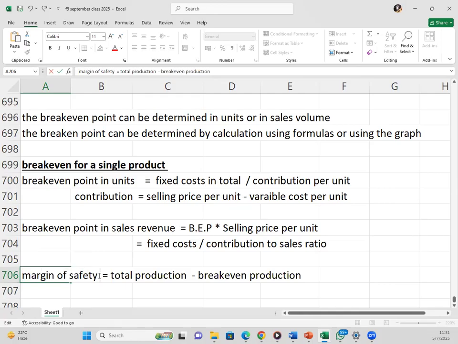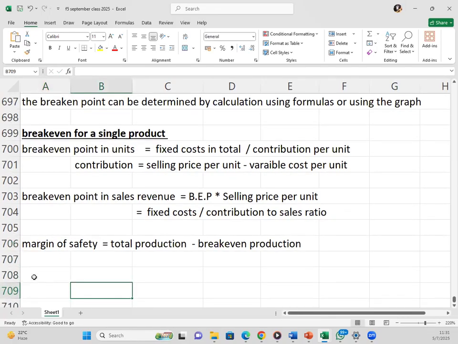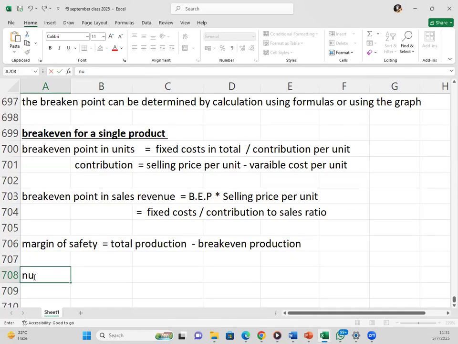Margin of safety in units is the total production minus the break-even production. If it's in sales, it's the total sales minus the break-even sales. So that's the margin of safety. We are simply saying by how many units, or by how much in sales, we have exceeded the break-even.